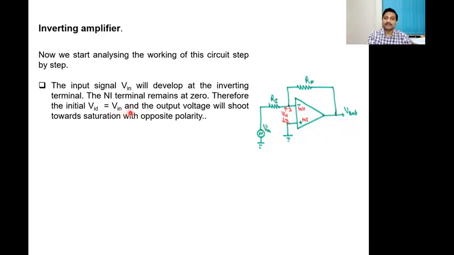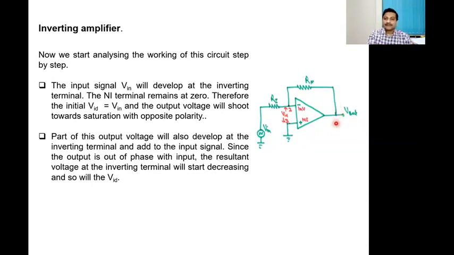At this point, since the gain of the amplifier is very large, the output voltage will shoot towards saturation, as we saw in case of an open loop amplifier. If there's any differential input at the two terminals, the output very quickly rises towards V saturation.